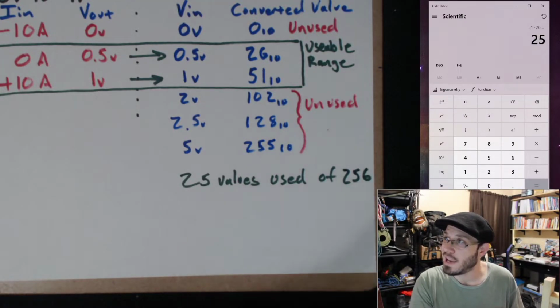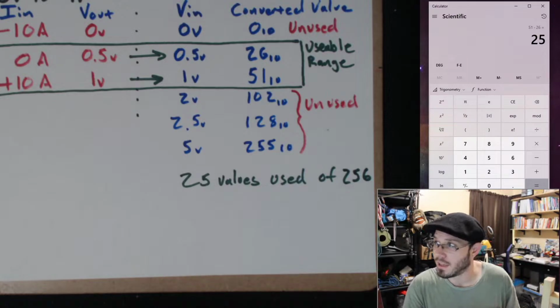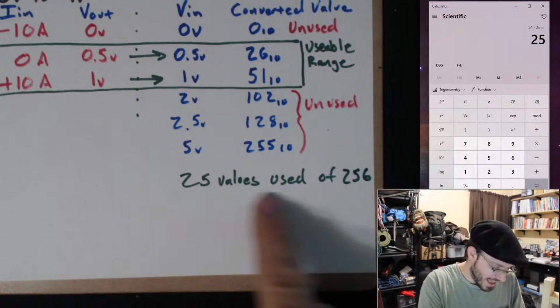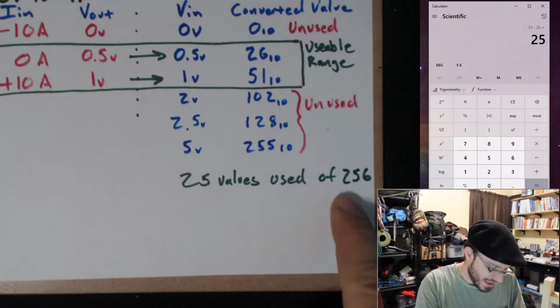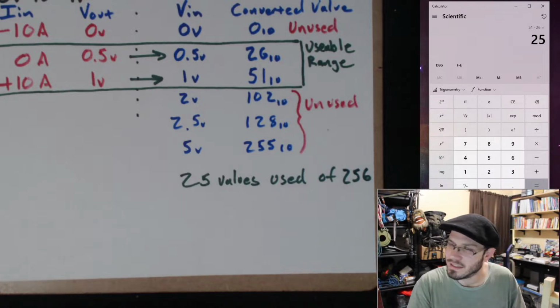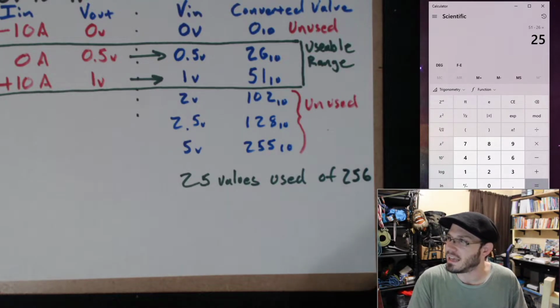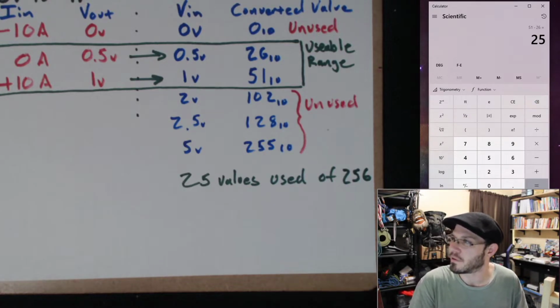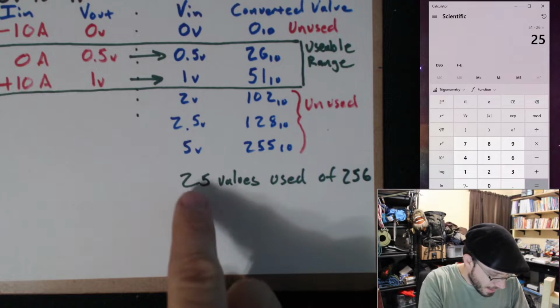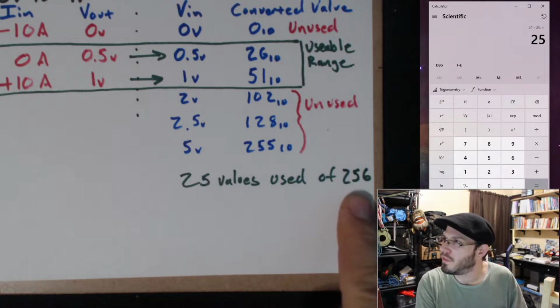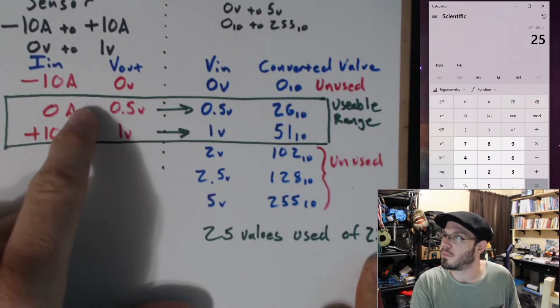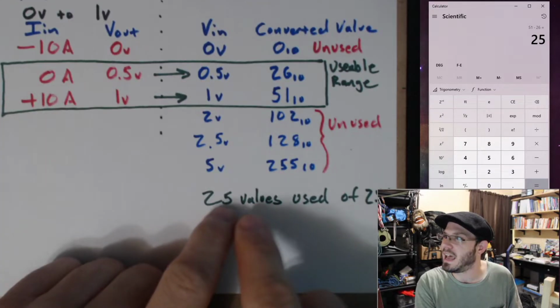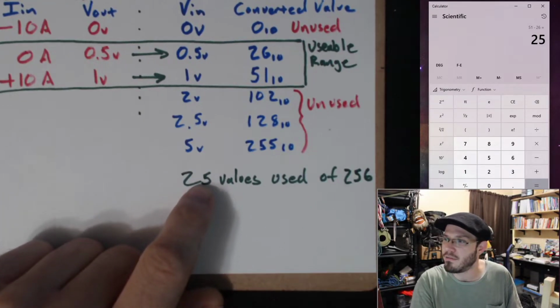I cannot create values out of nothing. It's almost like fidelity, like hi-fi versus lo-fi for your audio system. I should have 256 discrete values for my usable range, but instead now I only have 25 values.